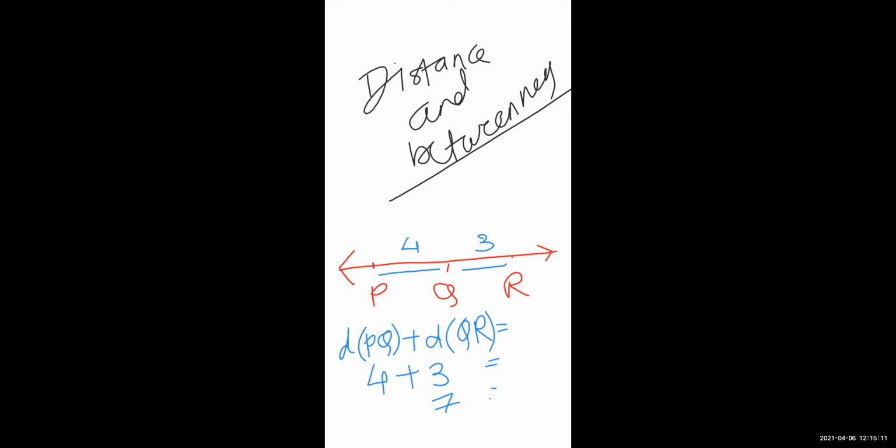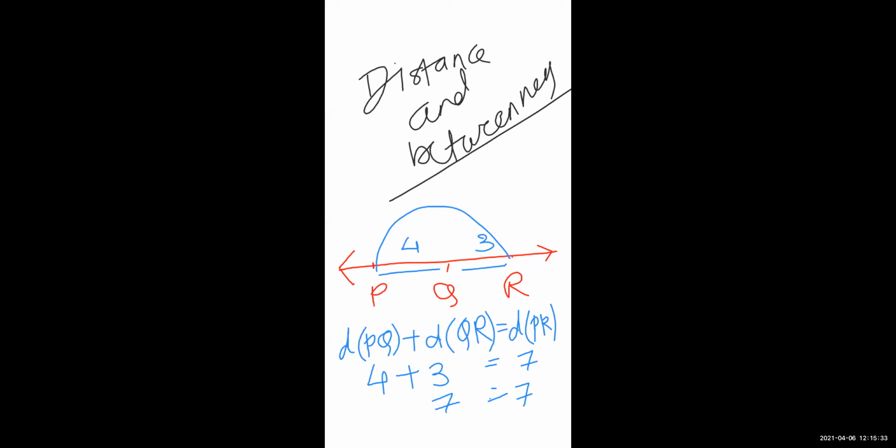So this total distance should be between P and R, meaning the distance of PR should be 7. Is it? The addition of PQ and QR is equal to the distance of PR.